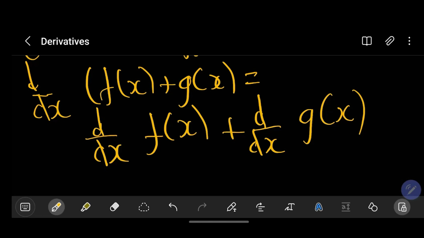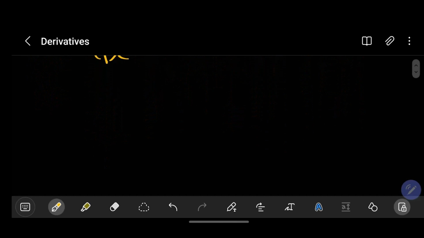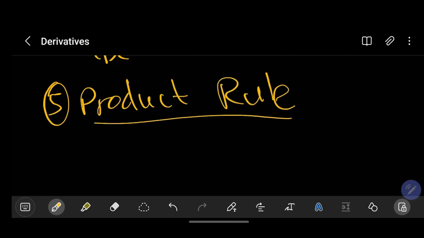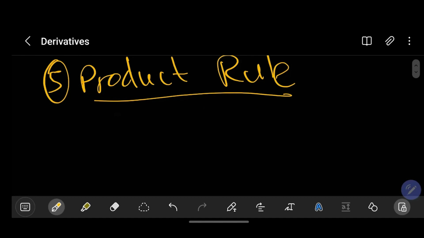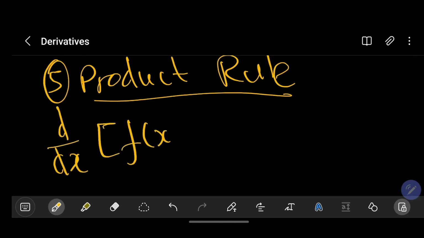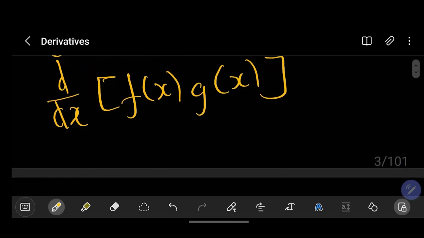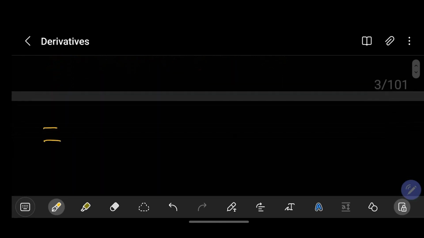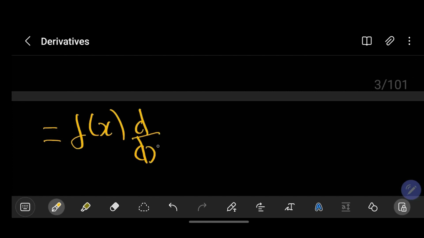We're going to move on next to the product rule, rule 5. This rule states that if you have d/dx of f(x) times g(x), that is equal to, let me just write this down here, f(x) times d/dx of g(x).